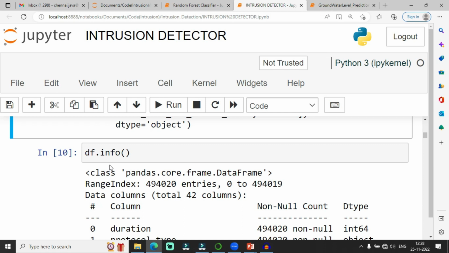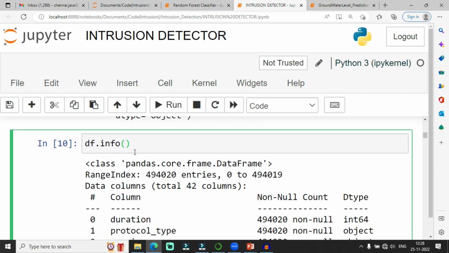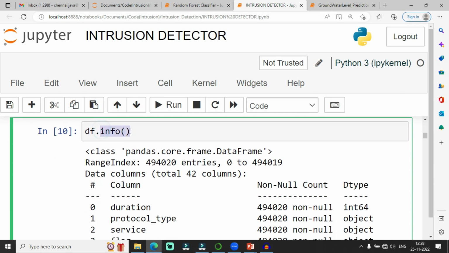In the next step, there is one more inbuilt function called the info function. Whichever inbuilt function I have to call, I use the variable name, the dot operator, and then the corresponding function. I am just calling this info function. It provides information about my data frame.